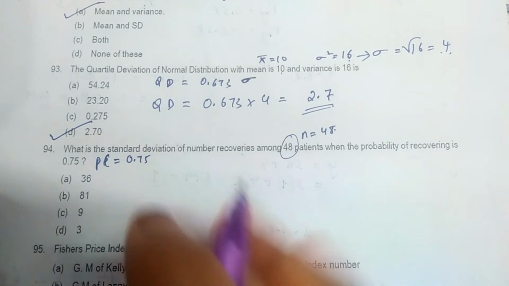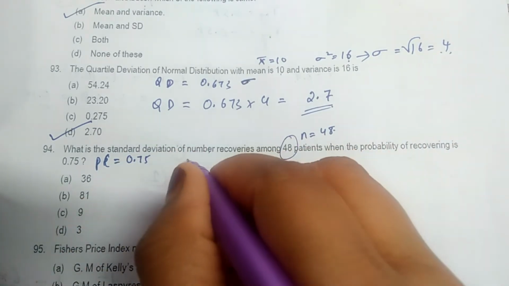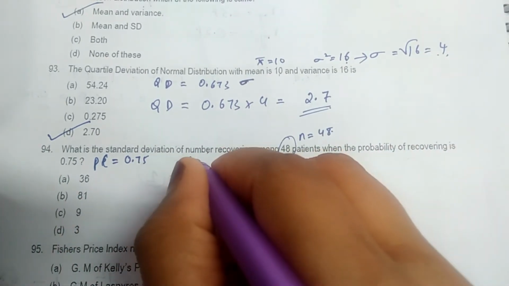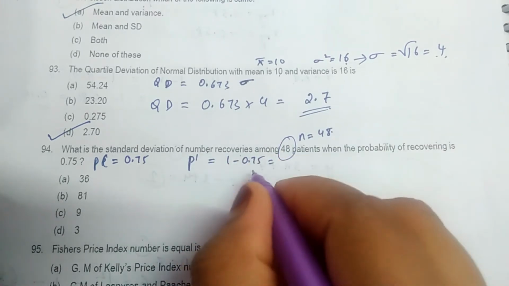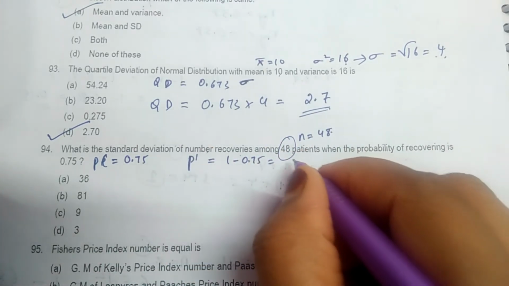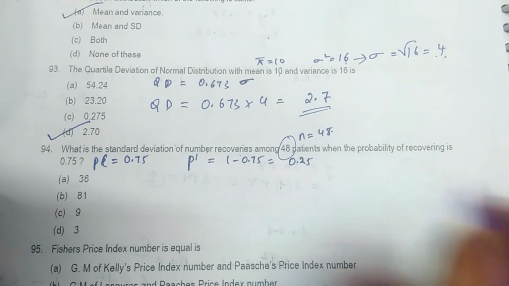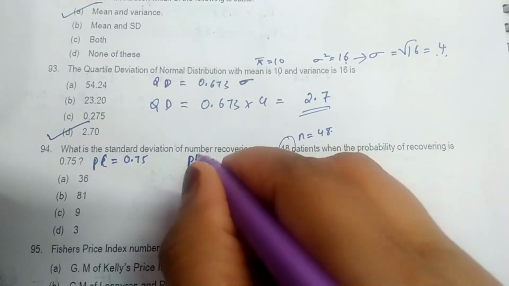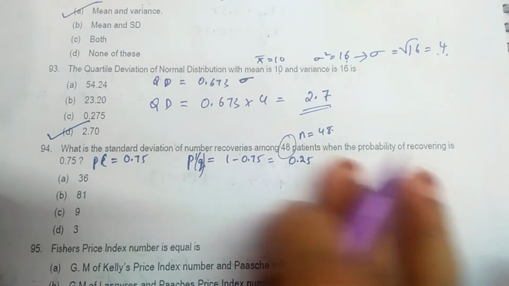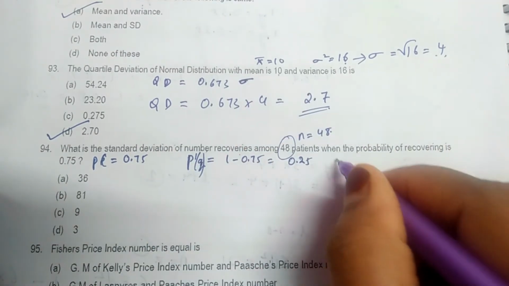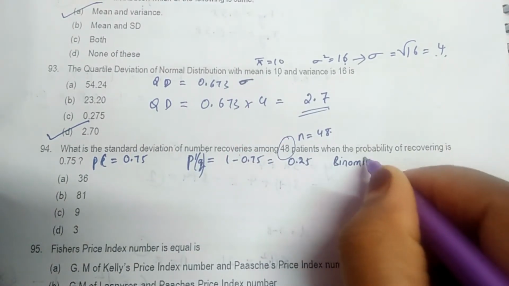These people are getting recovered and staying alive, but the other is Q, which is 1 minus 0.75. The probability that people are not recovering is 0.25. This can also be written as another variable Q. Seeing the numbers and all, we are assuming it to be a binomial distribution.